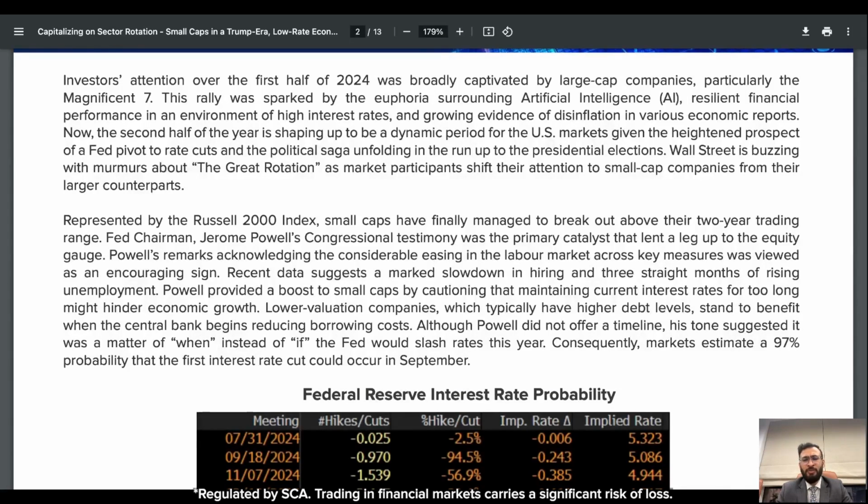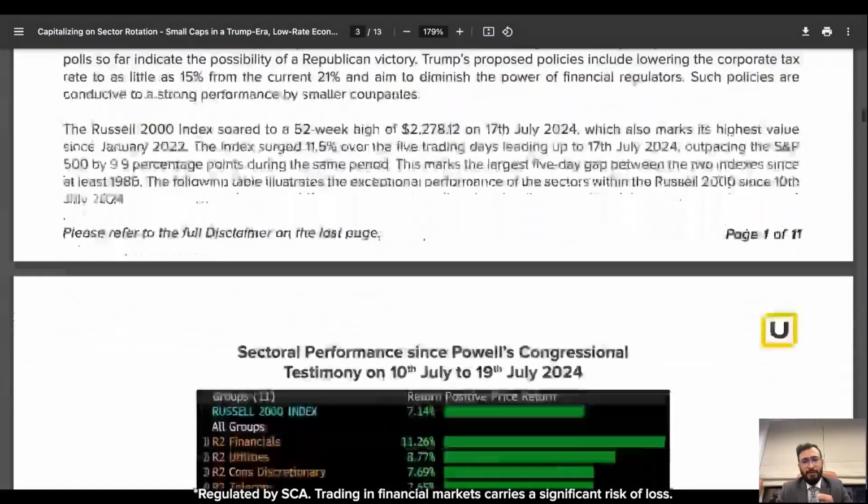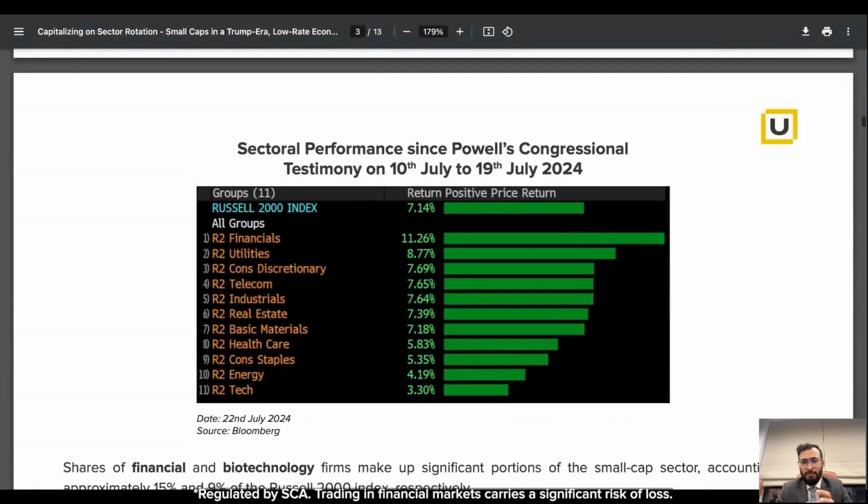Smaller market value companies benefit more from rate cuts, because the dominating sectors in the small cap index are biotechnology and financials, these two. And the biotech sector is very capital intensive.